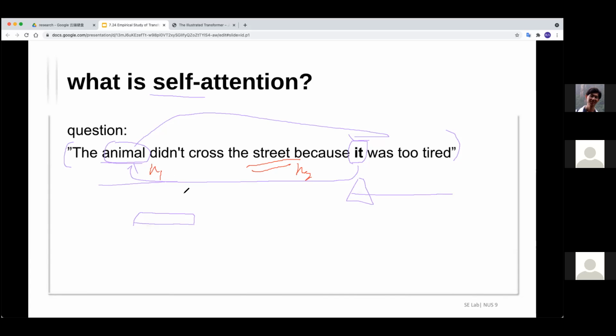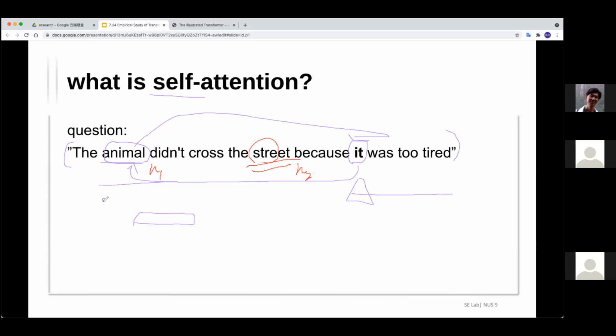But for computers or machines, they may also consider street as the potential phrase referred to by "it". And so, as Yufan mentioned, we need a model that emphasizes that animal is the more likely option referred to by "it".